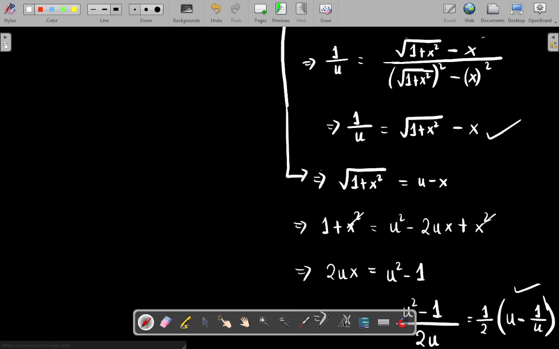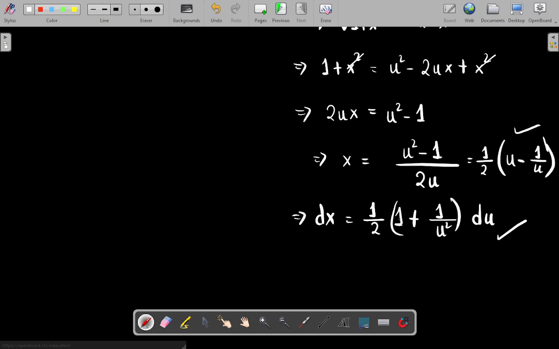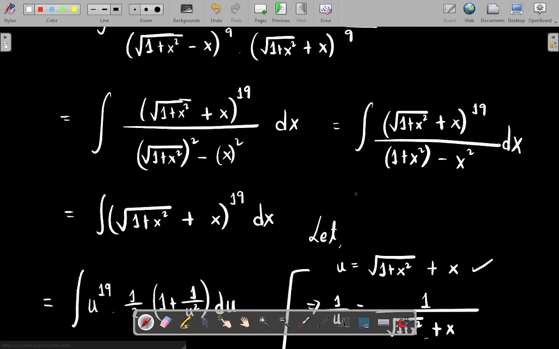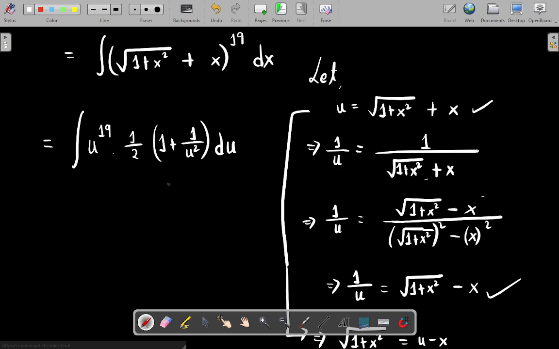U to the power 19, and this is half times 1 plus 1 upon u square, du. Okay, so if I take half outside and I multiply u to the power 19 with this term in the bracket, this will become u to the power 19 plus u to the power 19 by u square, which is u to the power 17, right, du.